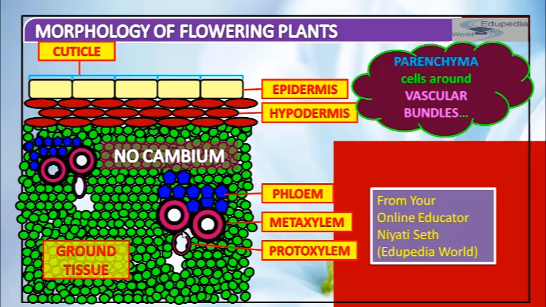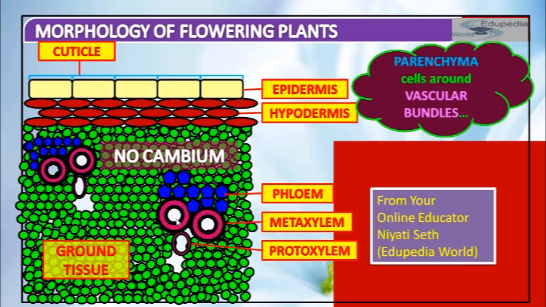Cambium is absent. Cambium is not present between phloem and xylem. That's why the vascular bundle is called a closed one. To be more precise, it is conjoined, collateral and closed.